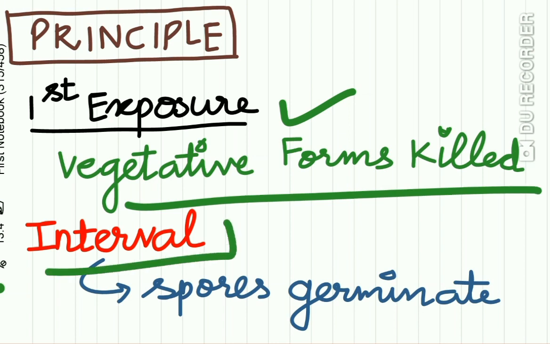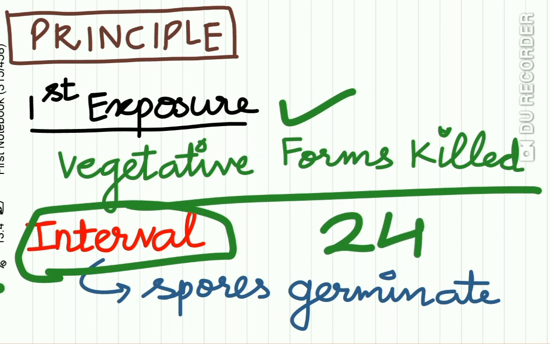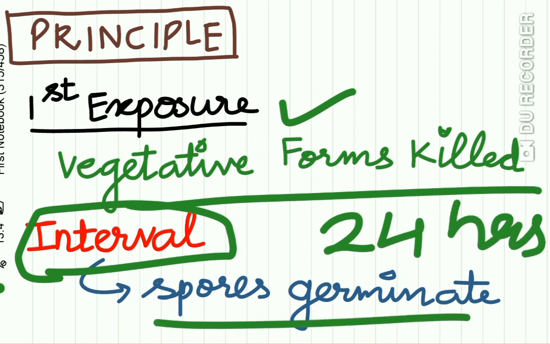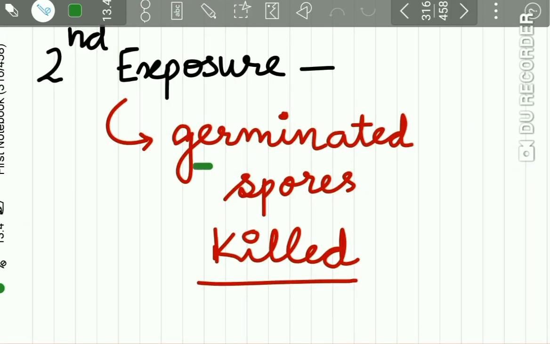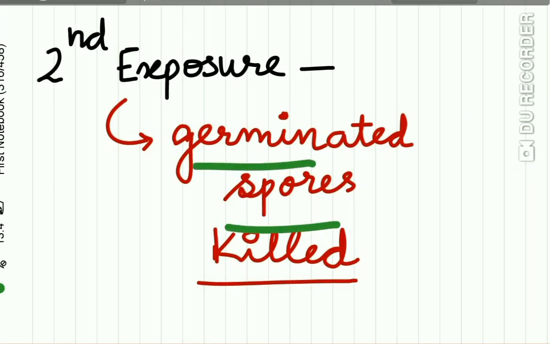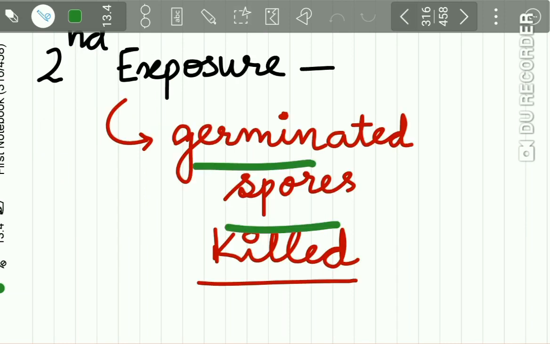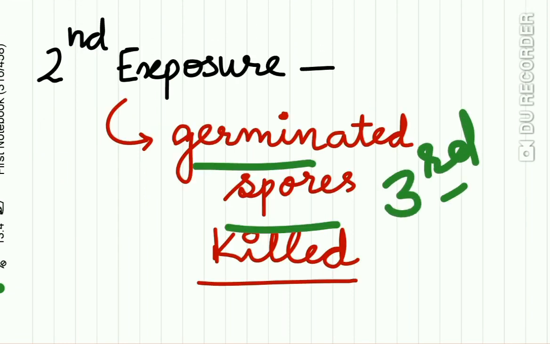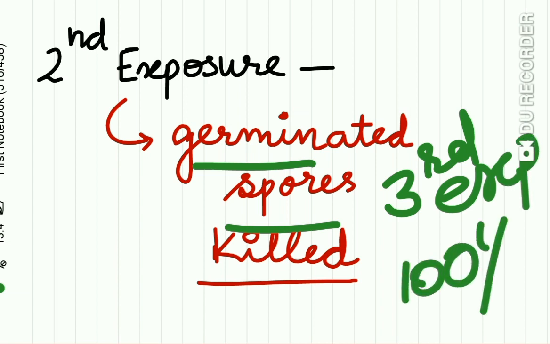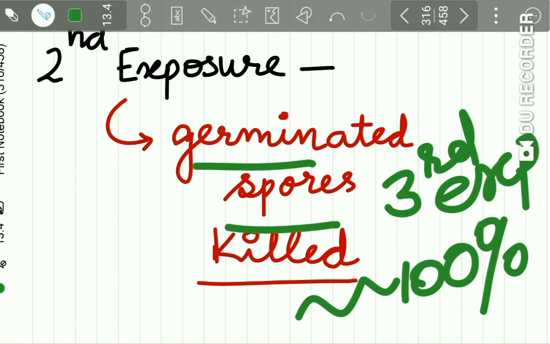In the interval between the first and the second exposure, that is around 24 hours, the remaining spores will germinate, and at the second exposure the germinated spores are killed. Then again there is a 24 hour gap and the third exposure, and after the third exposure approximately 100% of the spores and the vegetative forms would be killed.